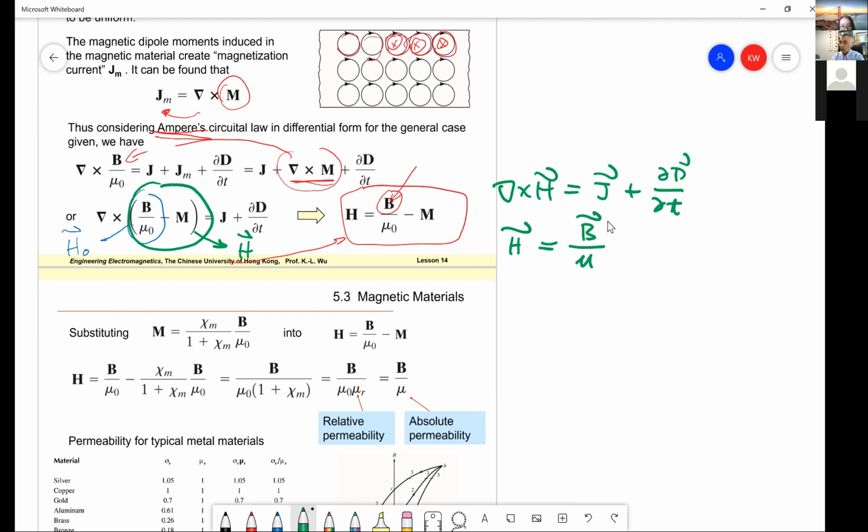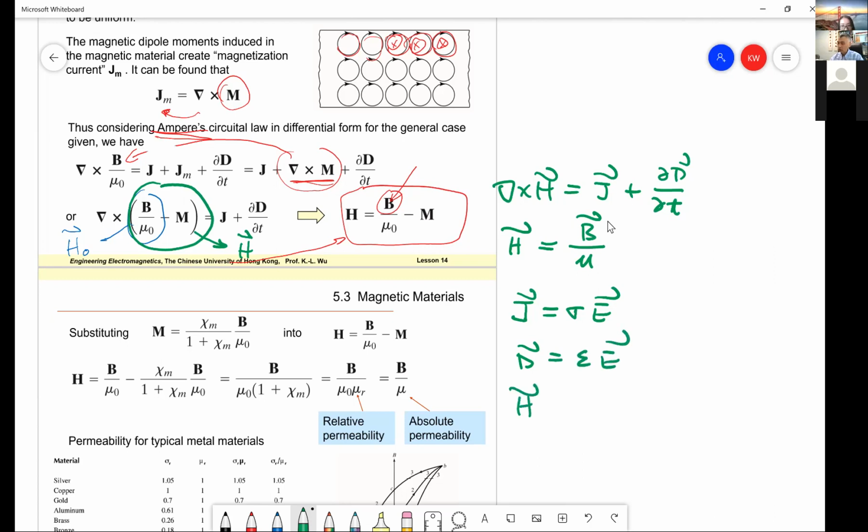So far we have introduced the three constitutive relations.